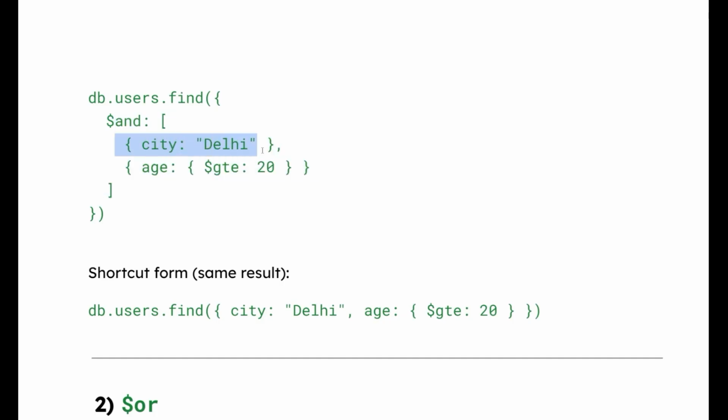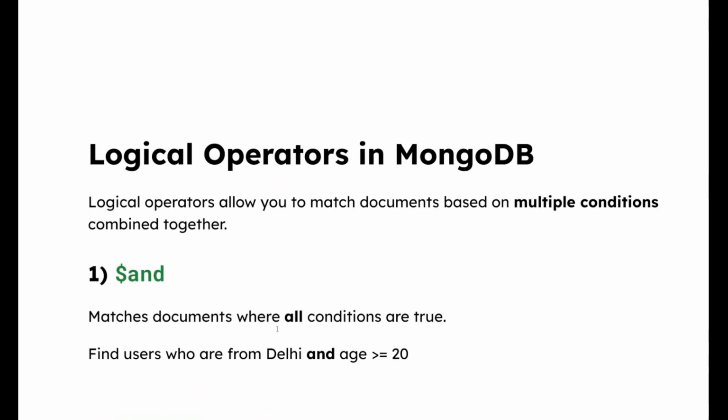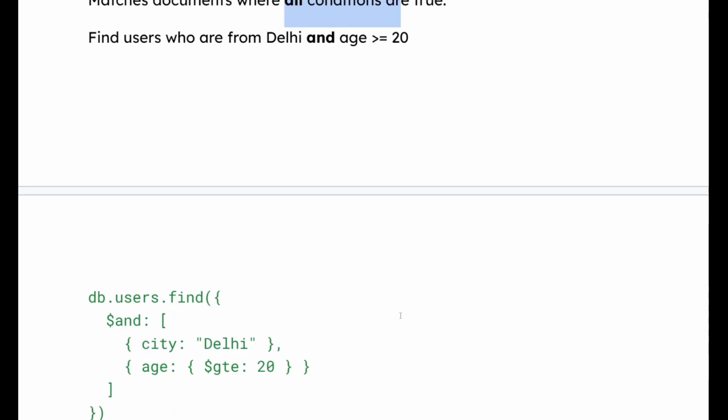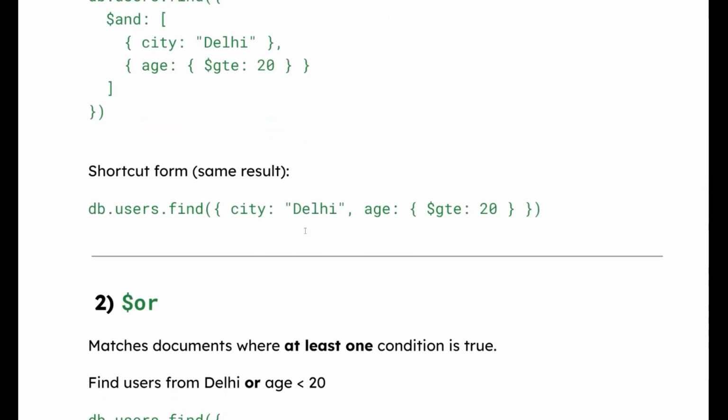The first condition is that the city should be Delhi, and the second condition is that the age should be greater than or equals 20. So when both the conditions get matched, then that particular document will be given as a response. So it is used to match all the conditions.